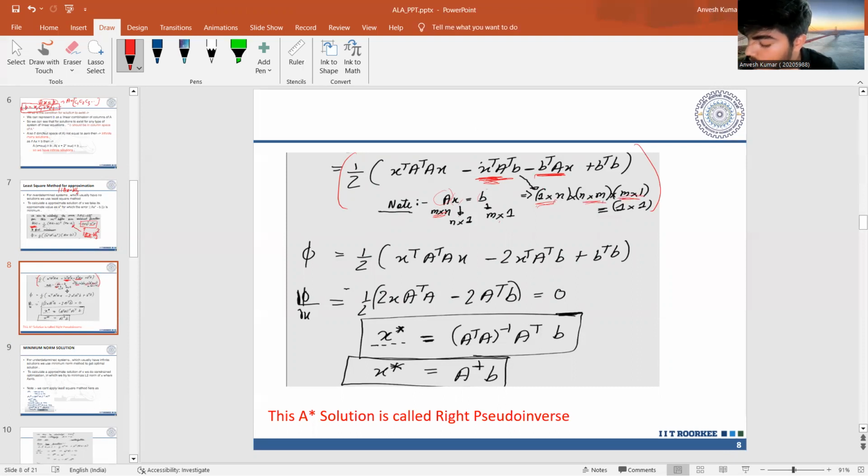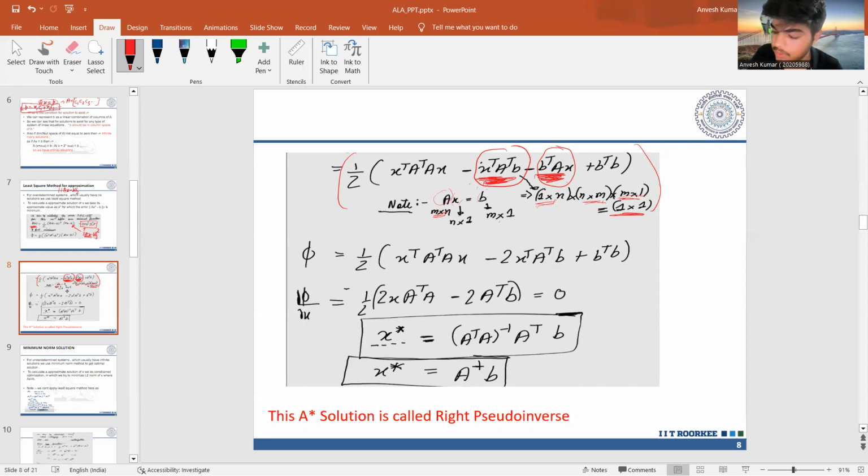On multiplying these matrices, we can see the order will be 1 cross 1, or we can say this is a scalar. Similarly, this is also a scalar. We can also see that the second term is the transpose of the first term, and these two terms are scalars, so we can say that these two are the same thing.